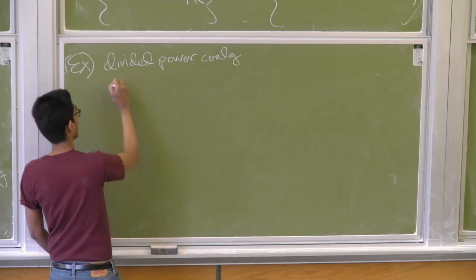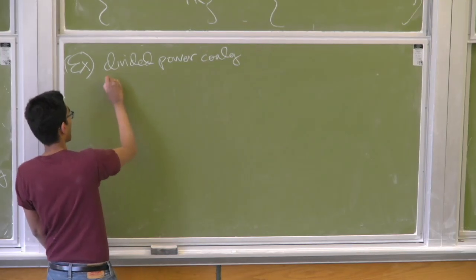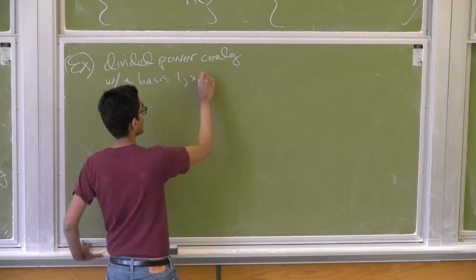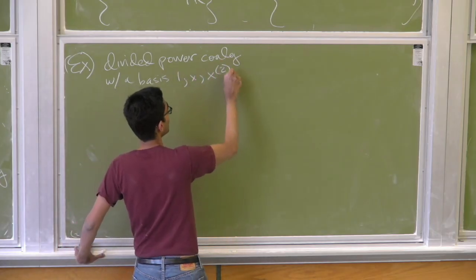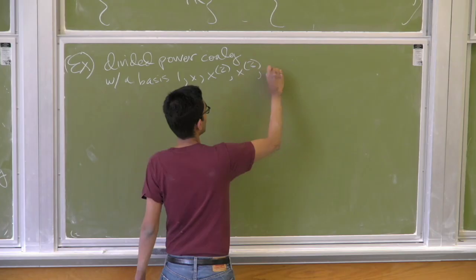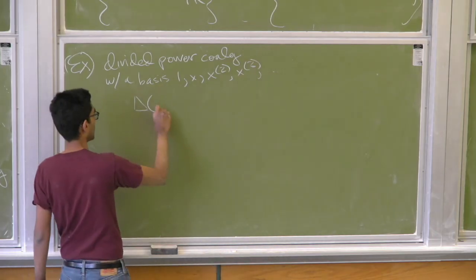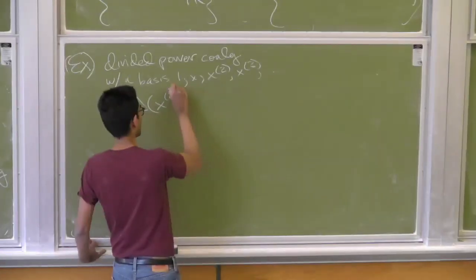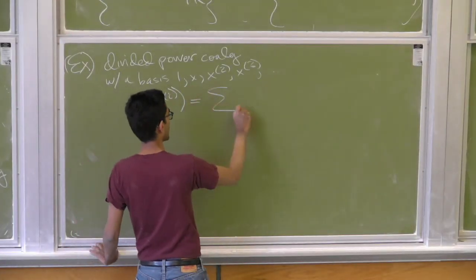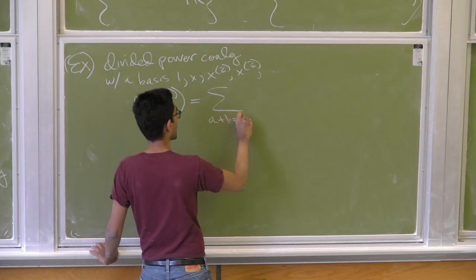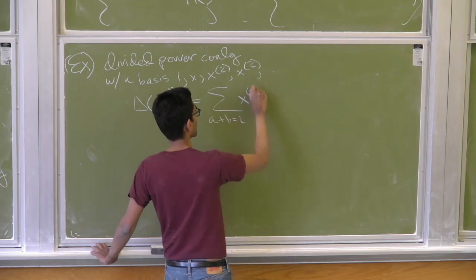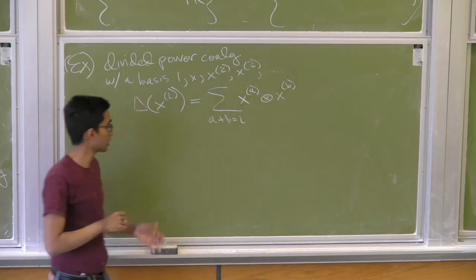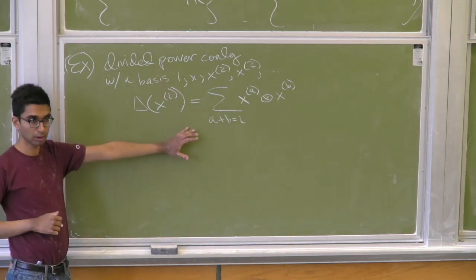This is a coalgebra over K with a basis x^(i), such that the comultiplication of x^(i) is the sum over a plus b equals i of x^(a) tensor x^(b). So as an example, you have this divided power coalgebra.